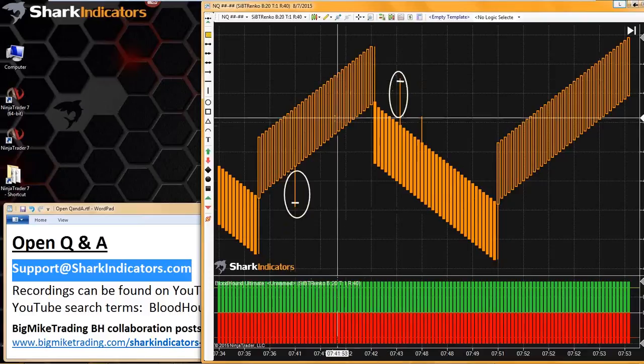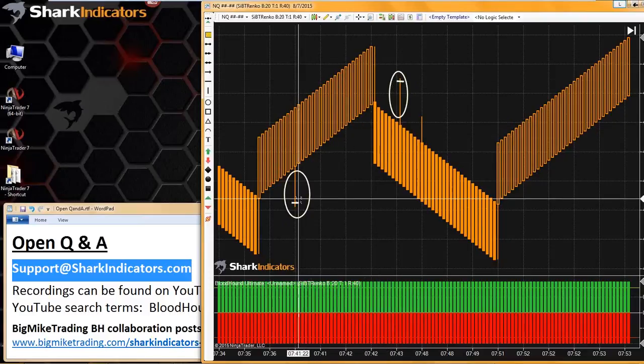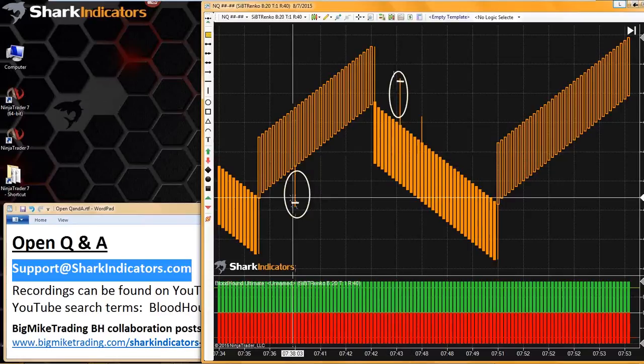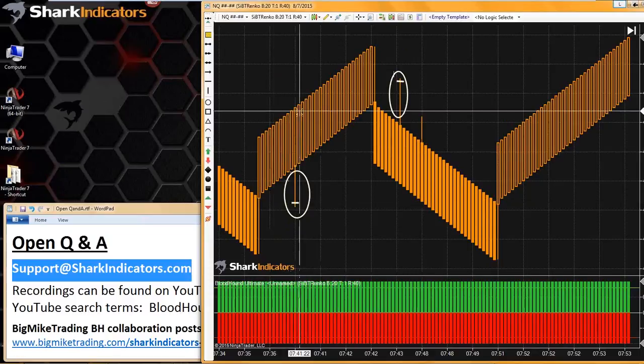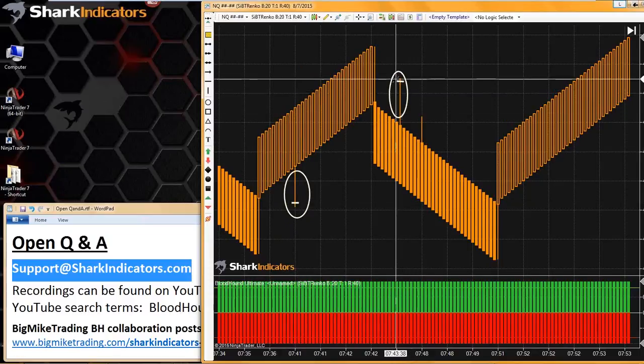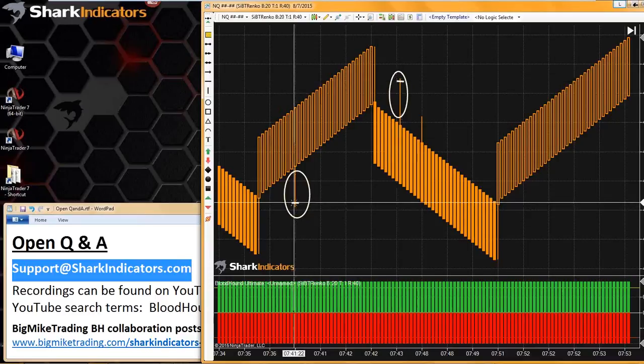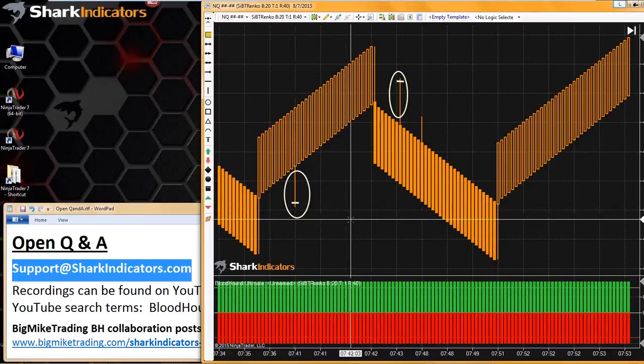I call historical charts static charts because price is not moving anymore. Price is already locked in. So you can't backtest getting in at these prices on a static chart. It has to be on a live chart or using market replay in order to backtest this.